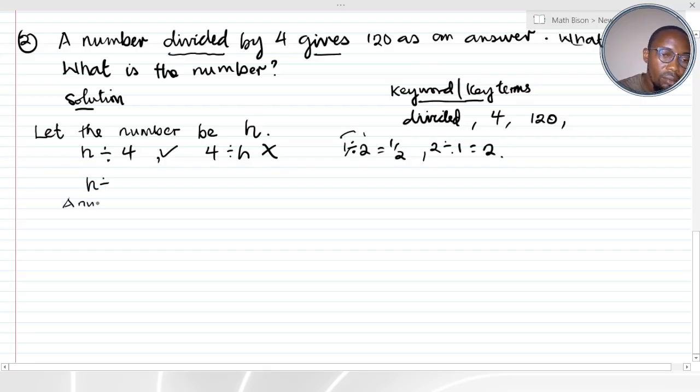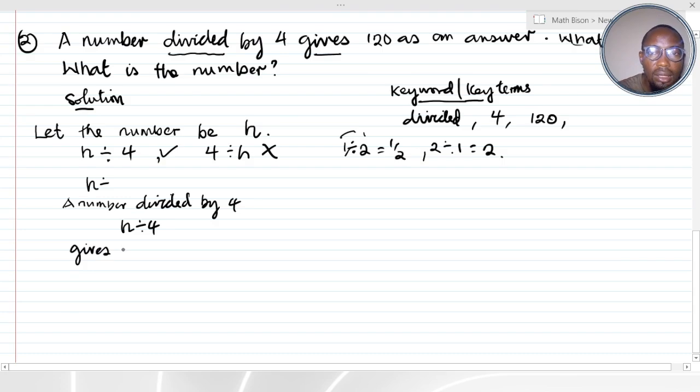A number divided by 4 will be what? The interpretation of that is h divided by 4. Gives what? 120. This is going to give us equal to what? 120. Now, if we want to combine all of this, we're going to have, therefore, h divided by 4 equals 120. This is the interpretation.